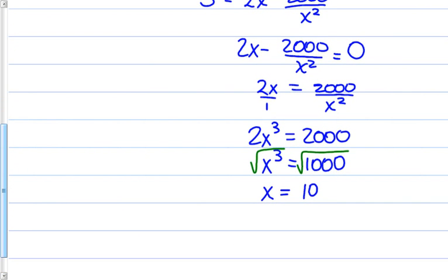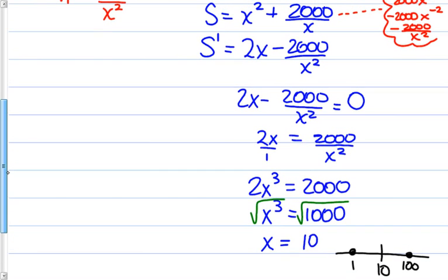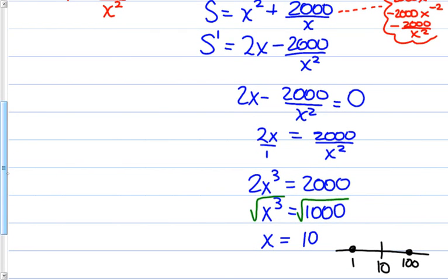I'm supposed to be minimizing, so let me be a good girl and check and make sure that this is in fact the minimum. I'll pick a number to the left and a number to the right. I'll pick 1 and 100. The reason I'm picking 100 is because of what the derivative looks like. You could pick 11, no big deal. But you're plugging it in here, right? If I pick 1, I get 2 minus 2,000, which is definitely a big old negative number.